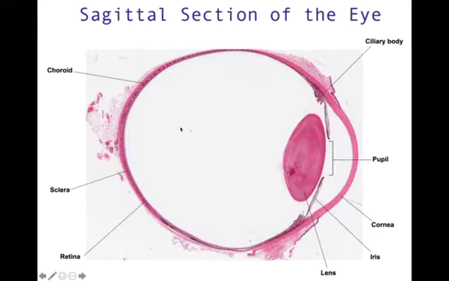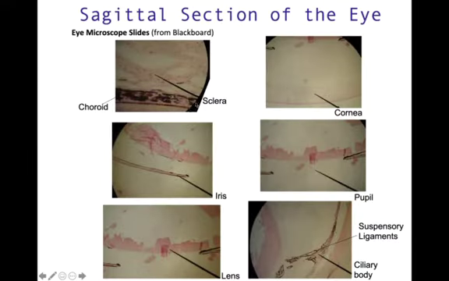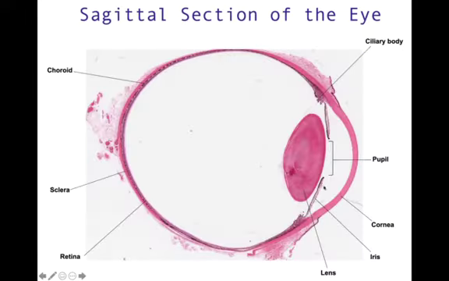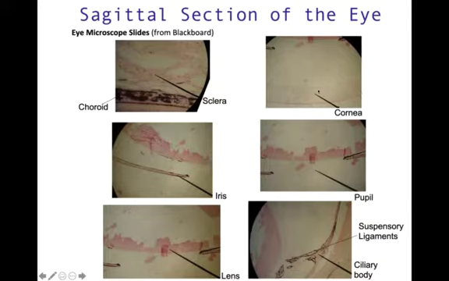So if I were to go here and look at this outer flaky stuff out here, well, this is all sclera out here. Okay, and then right here you can actually see, well, there's the choroid coat. Okay, so this is sclera, and there's the choroid coat right here. Okay, all right. So what if we looked at this at a higher magnification? Well, this is the cornea again. Okay, so if I did that, you can see here's the cornea right here.